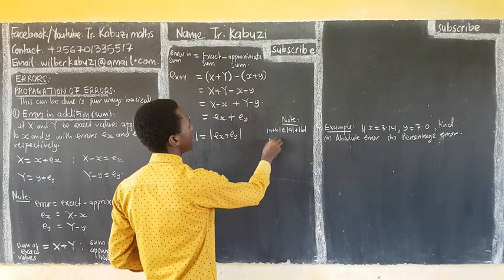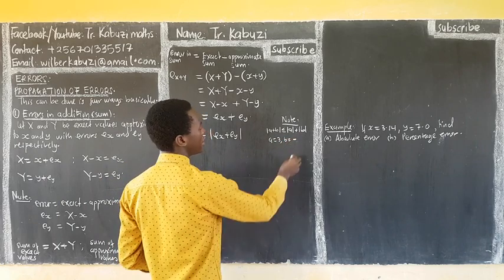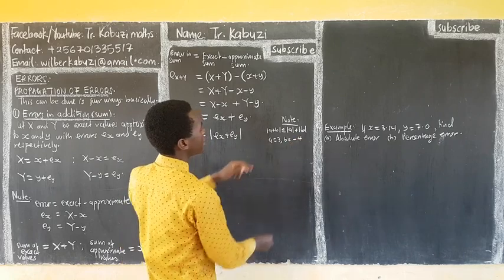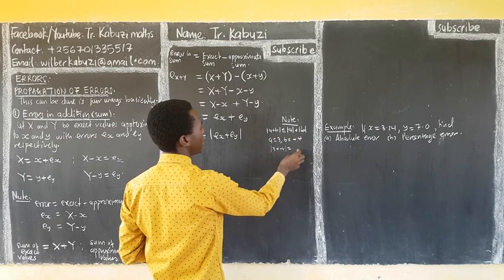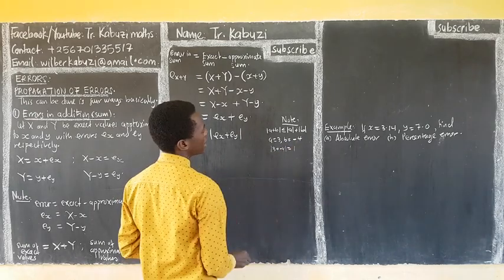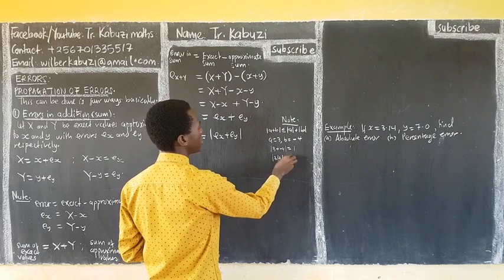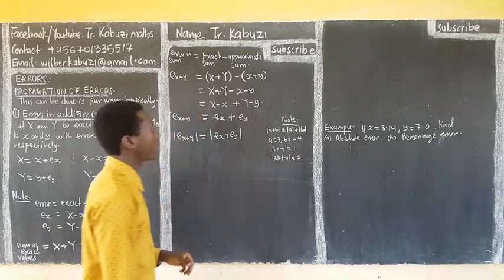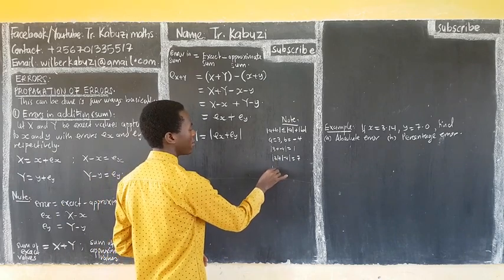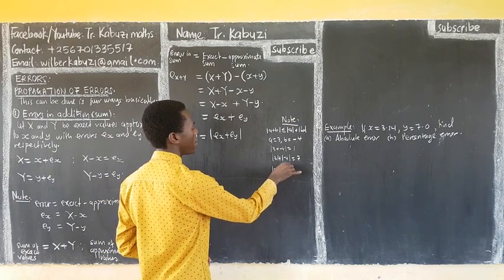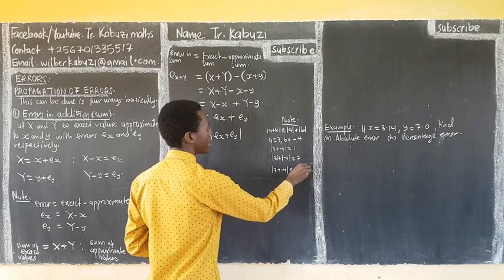Consider a to be 3 and b to be negative 4. If I substitute here, I'll have 3 plus negative 4, which gives me 1. Then I have the magnitude of a plus the magnitude of b, and you see I'll have a 7 with ease. So always 3 plus negative 4 is less than or equal to the sum of the magnitudes.